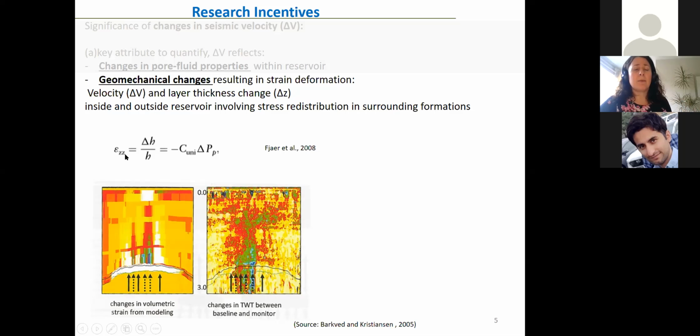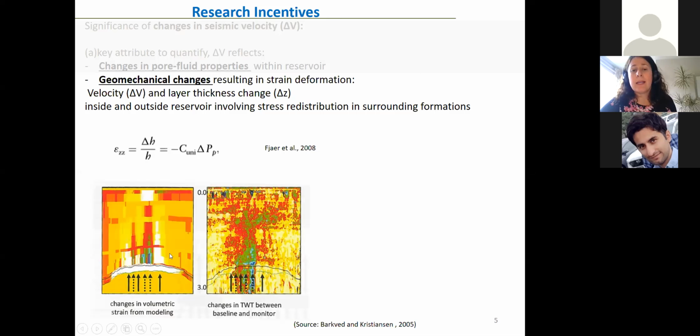This is a very simplistic equation under very particular conditions of uniaxial strain, which means in this equation we are ignoring, for example, stress arching. We are assuming that the reservoir is infinitely large laterally. But just to see here, this is your vertical strain, and it's related to your uniaxial compressibility times your change in pore pressure.